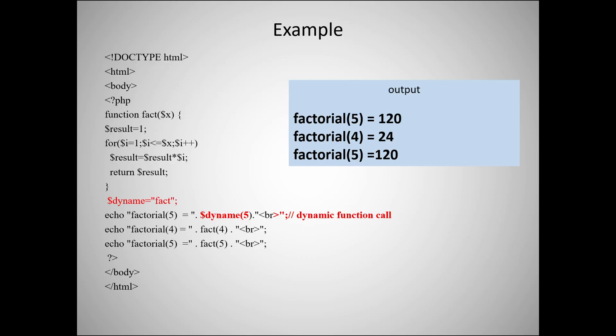So here we are writing a function fact for finding the factorial of a given number, and dynamically we are assigning the name of the function to the PHP variable dy name. So instead of the function name, I am using dy name for calling that function. So here dy name of 5 is going to print the factorial of 5. Similarly, next a normal function call fact of 4 is going to print the factorial of 4, and normal fact of 5 is going to print the normal factorial of 5.